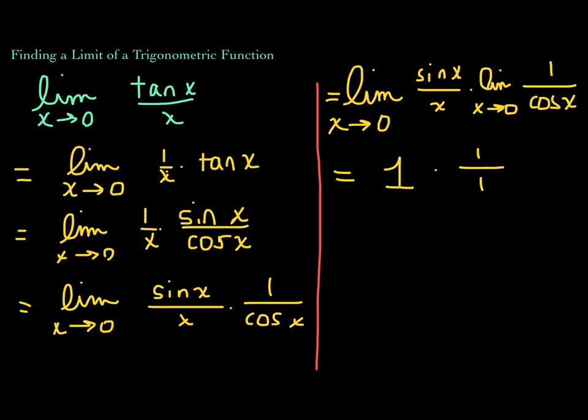And then our trig rule we wrote down is the limit of cosine of x as x approaches 0 is equal to 1. So this is definitely 1 over 1. So then this whole thing is just 1 times 1 over 1, which is just 1. So the limit of this trig expression is just equal to 1.